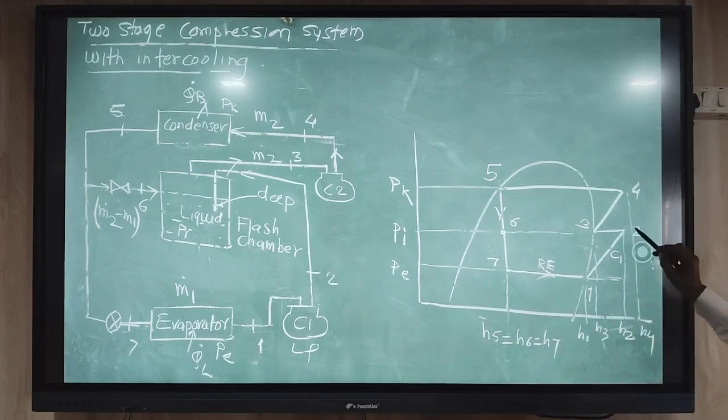After the first compression, this state of the vapor, that is superheated vapor, we bring to the saturated state. So this amount of heat from the vapor is to be removed. That process is called desuperheating. For that, we have to cool that vapor.